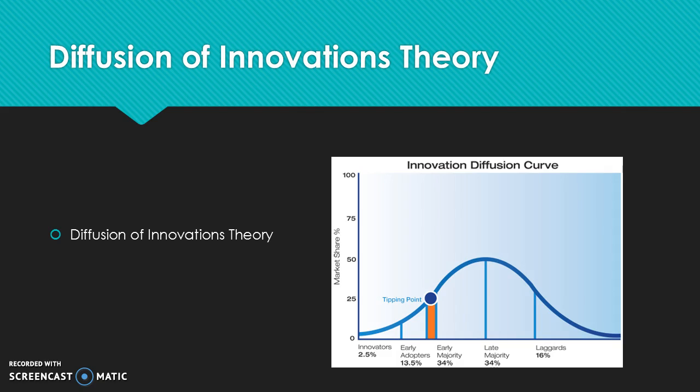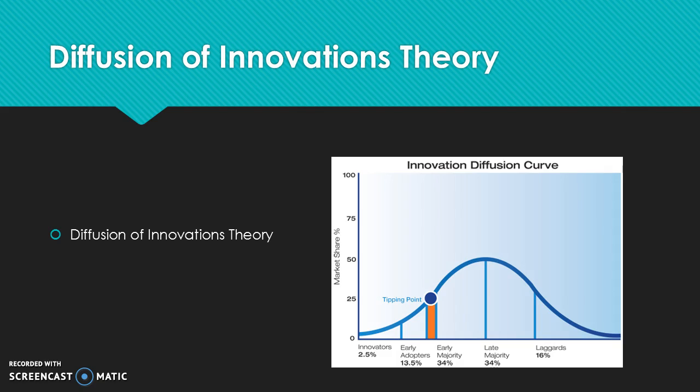When the cell phone first came out, there were a group of people who were the innovators. In other words, the very first people to say, hey, I like this technology, I'm going to use it. And those people were the opinion leaders, the influencers. And they went ahead and picked up their cell phones really early and started using them right away. And this is one category of the population, about 2.5%.